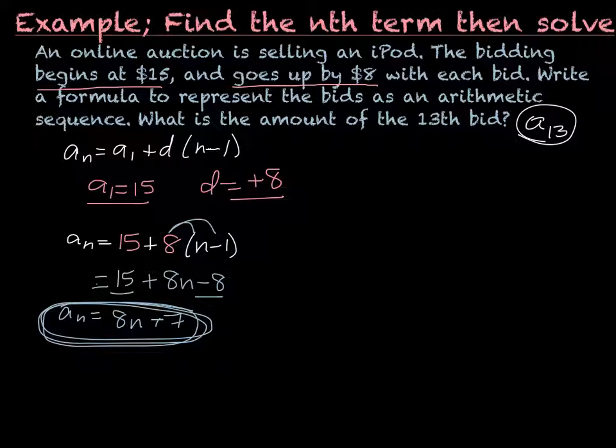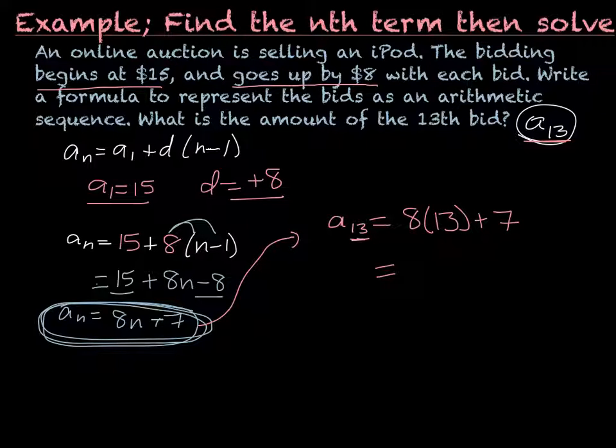And now I need to find a sub 13. So to find a sub 13, I just need to put 13 in for the n. So I'm going to put 13 in for my n, so 8 times 13 plus 7. And then I just solve. 8 times 13 is 104 plus 7.